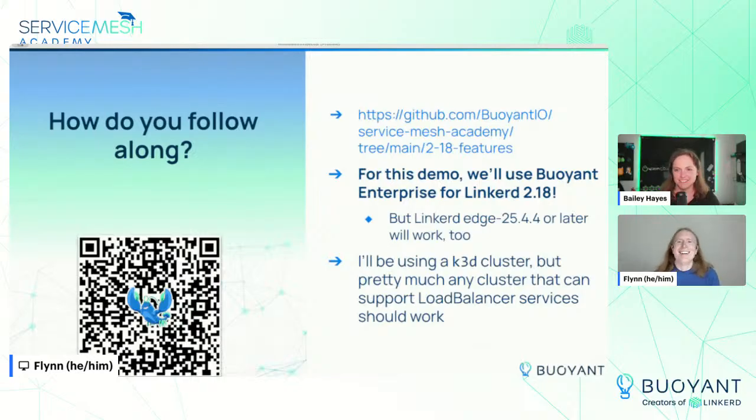I'm going to be using Buoyant Enterprise for Linkerd 2.18, specifically 2.18.1, but any Linkerd Edge 25.4.4 or later will work. I will also be using K3D, but the cluster type you're using really does not matter. We do need a load balancer in there, but that's about it.